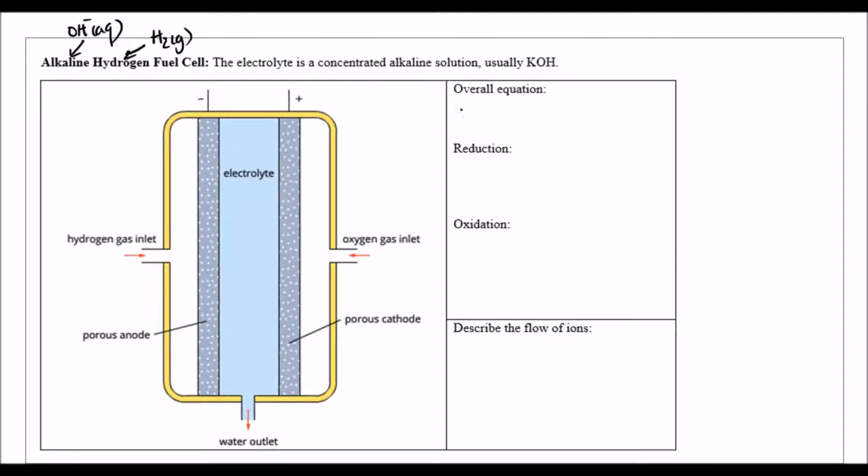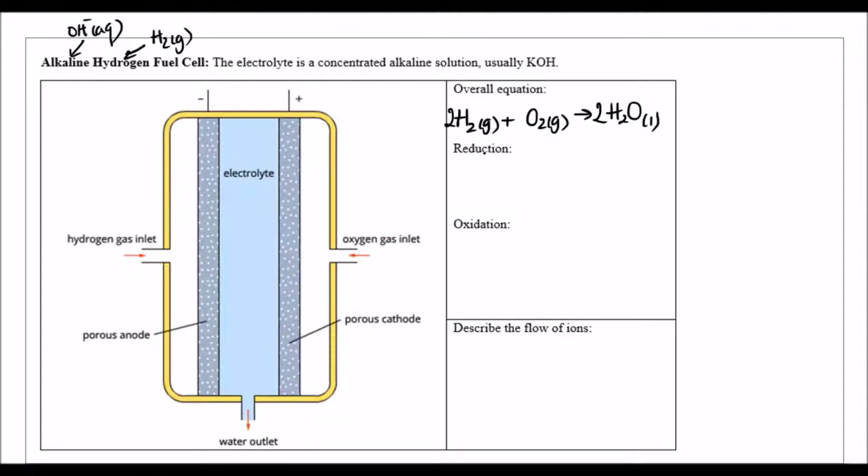Because the fuel is hydrogen gas, my overall equation is just H2 gas plus O2 gas going to H2O. I'm going to go with liquid because it says in the diagram that it's a water outlet. You definitely need to balance your equation. So this is the overall equation. Even if you can't do anything else in a fuel cell, make sure you can write the overall equation.